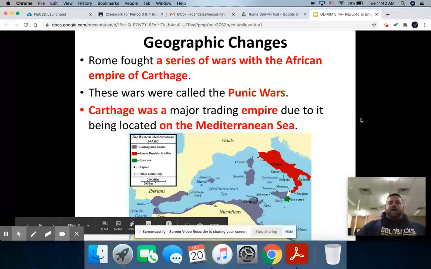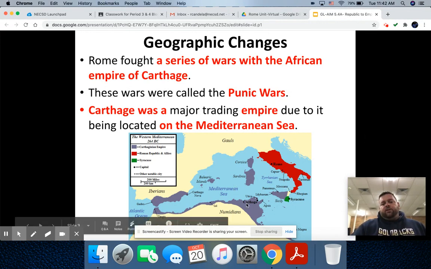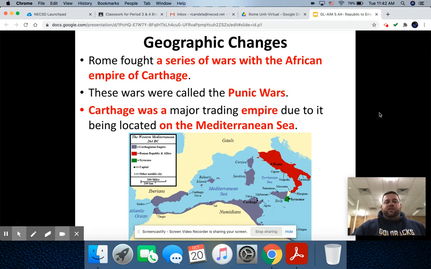Carthage is a major trading empire and controlled a lot of the trade that takes place along the Mediterranean at the time. We said that the Silk Road sea routes run through the Mediterranean Sea, so Carthage has an opportunity to exploit those trading routes due to its strategic location and its control of the sea.